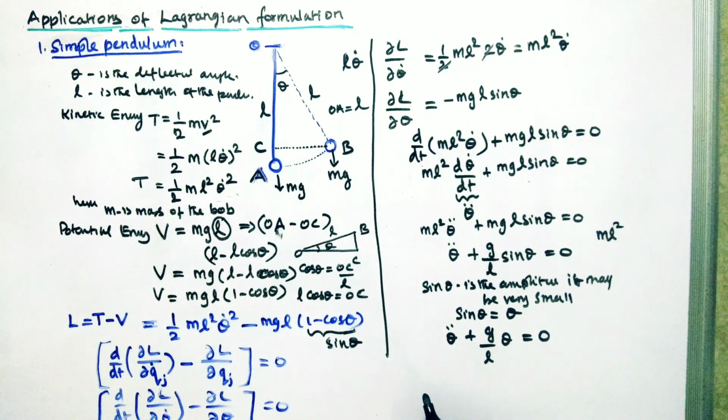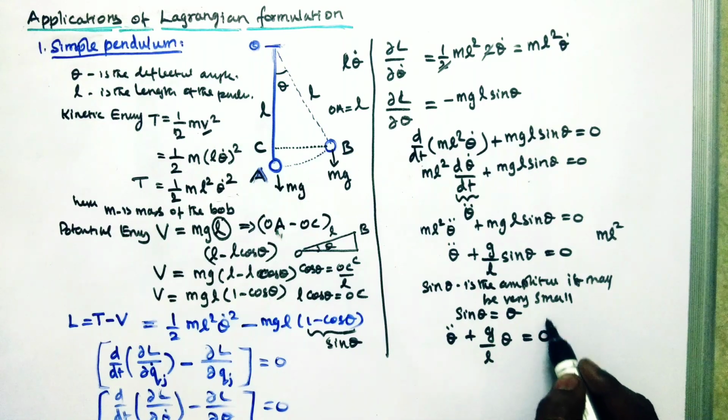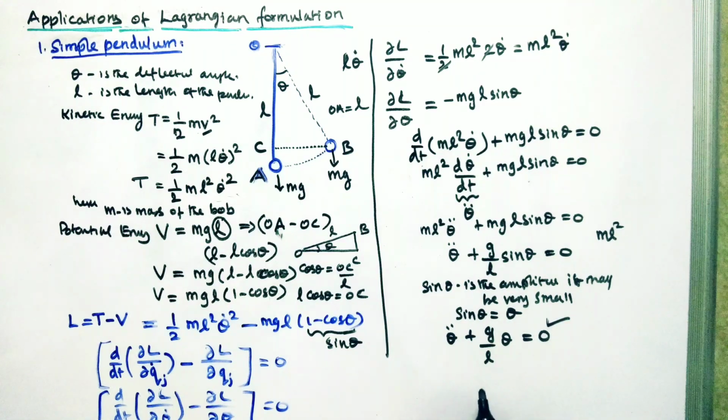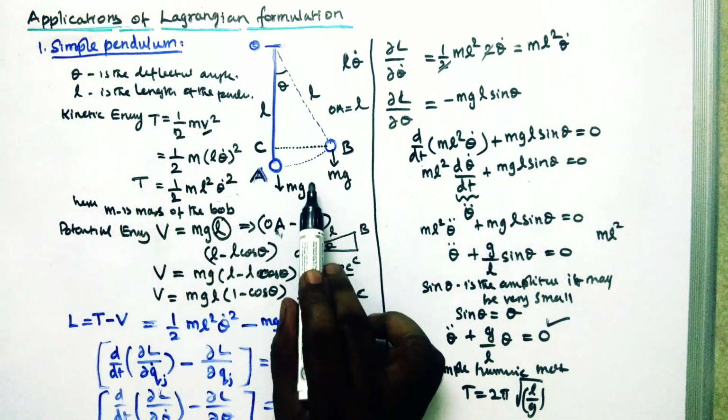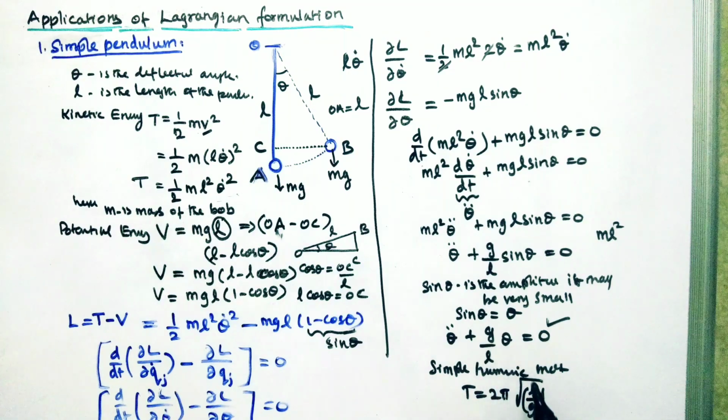Then we get the solution from this equation for a simple harmonic motion, that is T equal to 2 pi root of L by g. Actually this is the final solution for the simple pendulum in Lagrangian form.